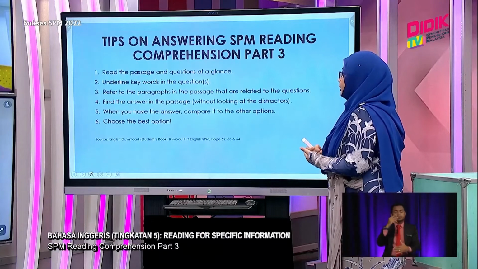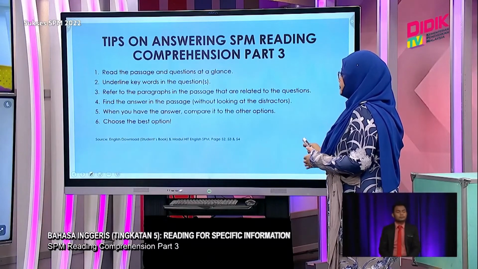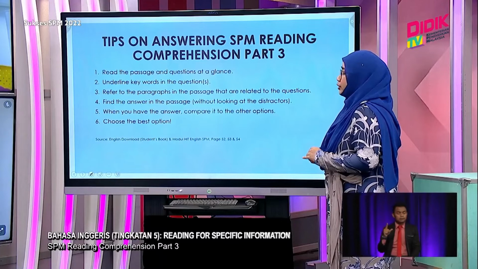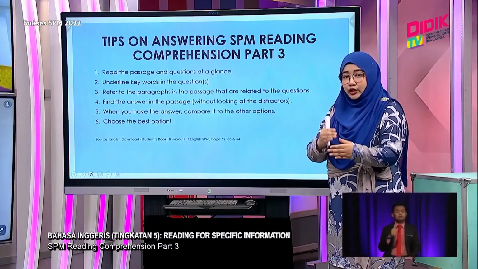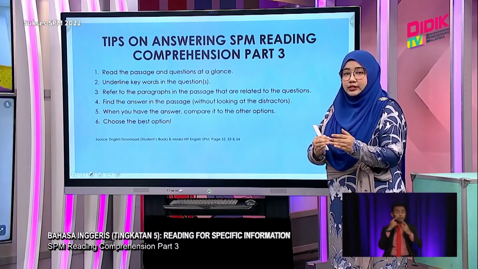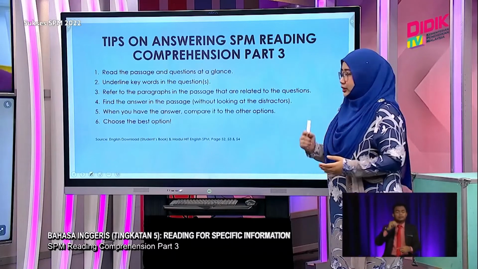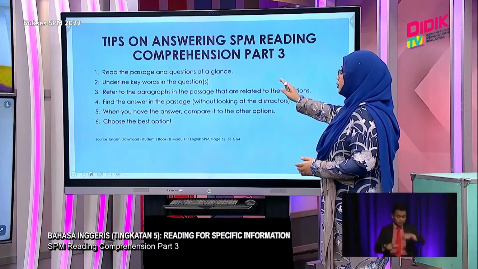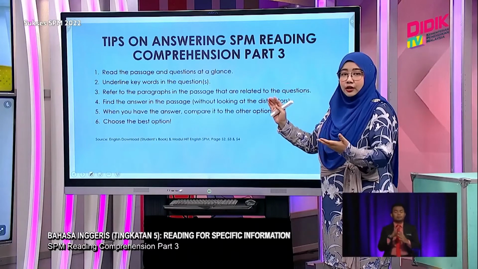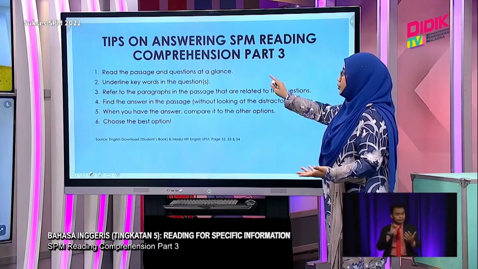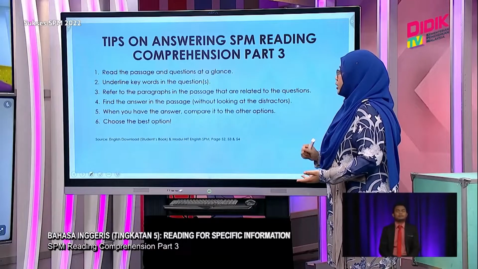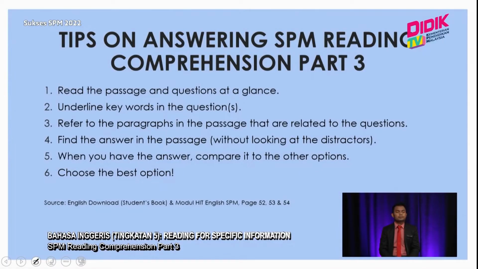Okay, these are very useful tips on answering SPM Reading Comprehension Part 3. And we can look at it from a step-by-step perspective. So first, when you've got Reading Comprehension Part 3, you read the passage and questions at a glance. At a glance meaning you read it once and then you get the main idea. Number 2, underline keywords in the questions.